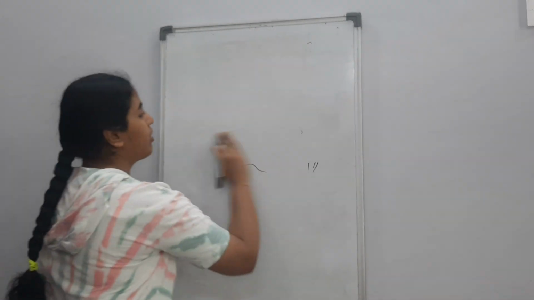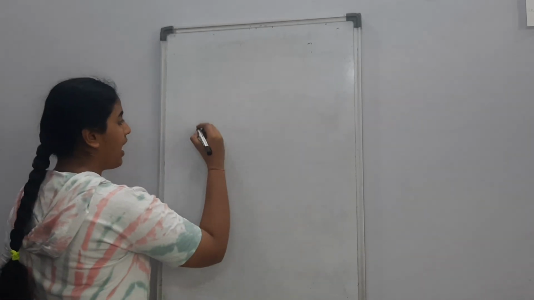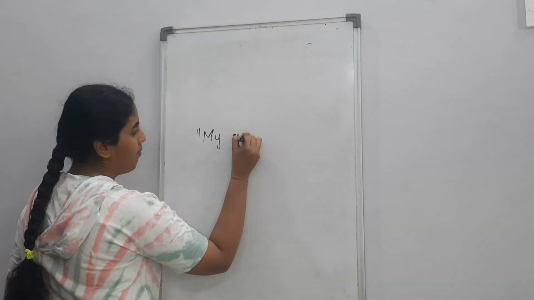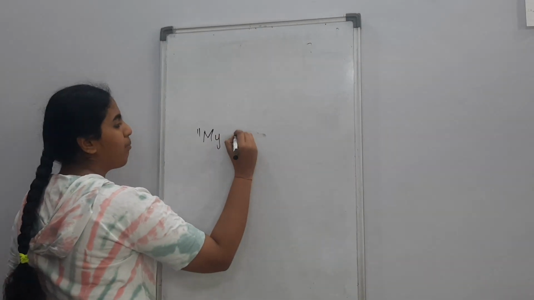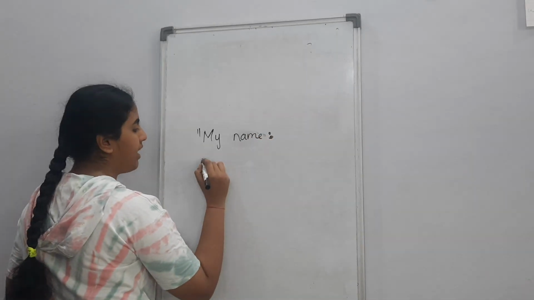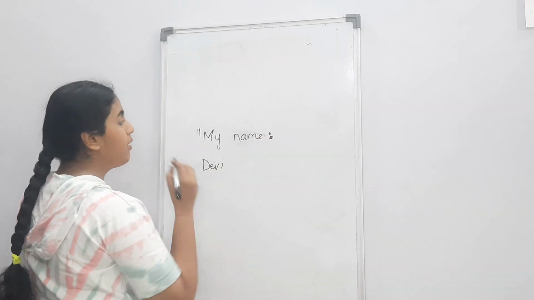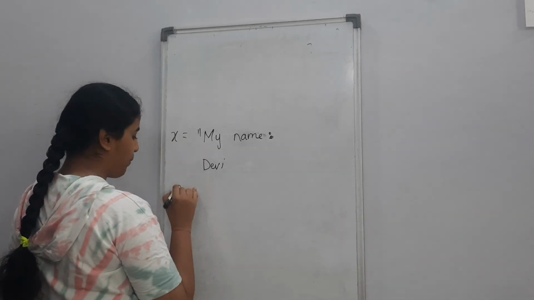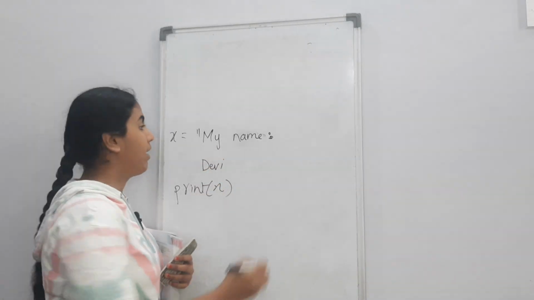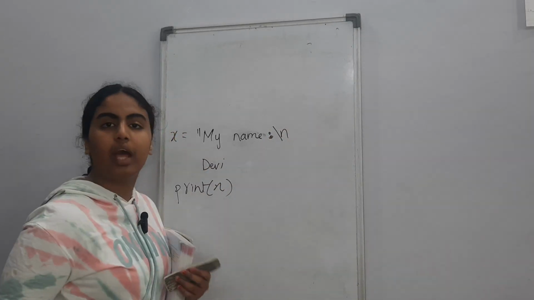But there is another way to do this. You can just write your string, let's say my name. Let's say I want to write my name, and then I want to put a colon, and then I want to write Devi over here. So when I print my string, let's say x is our string, and I write print x, and I want to print my string in this format, then over here I can just put a new line character.